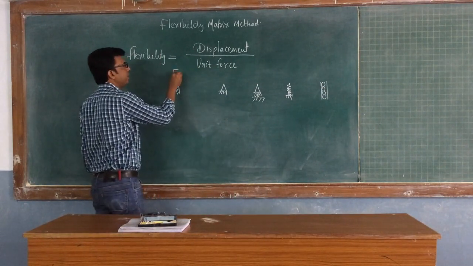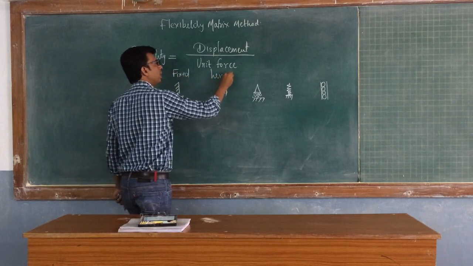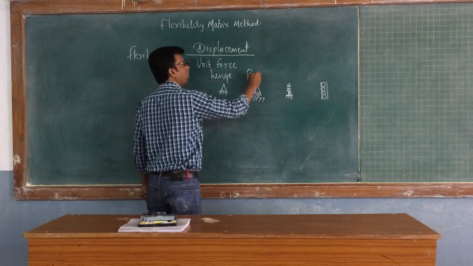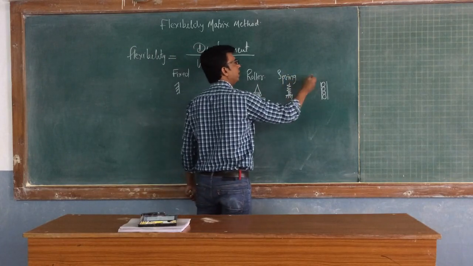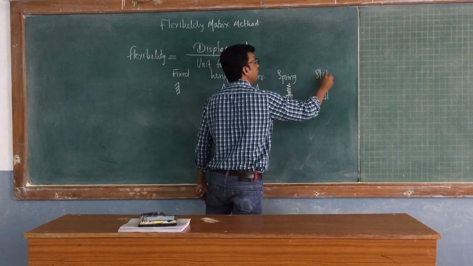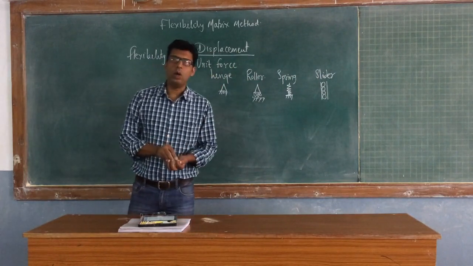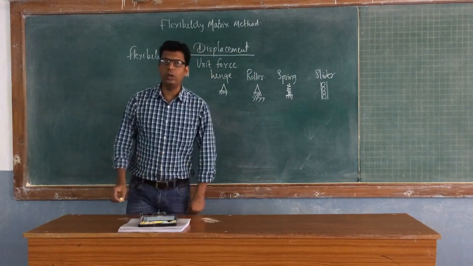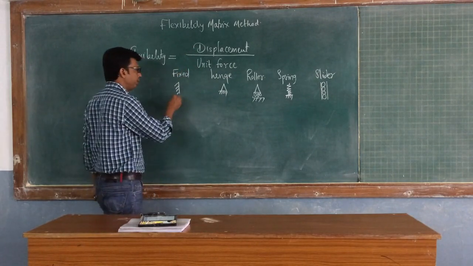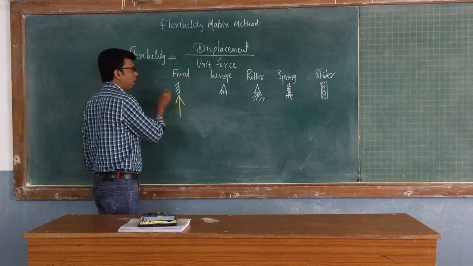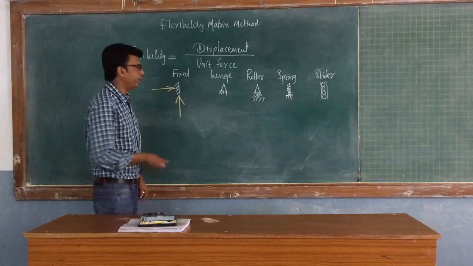So we have fixed, hinge, roller, spring and slider. Now the number of reactions. We know that fixed support has 3 reactions: horizontal reaction, vertical reaction and moment.